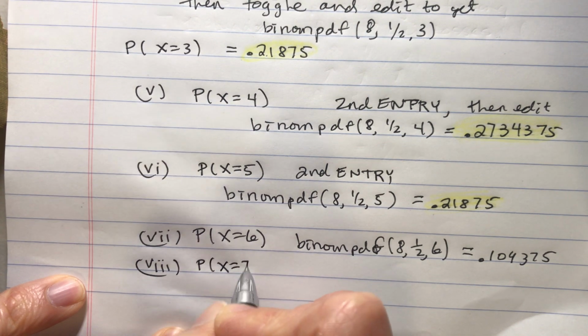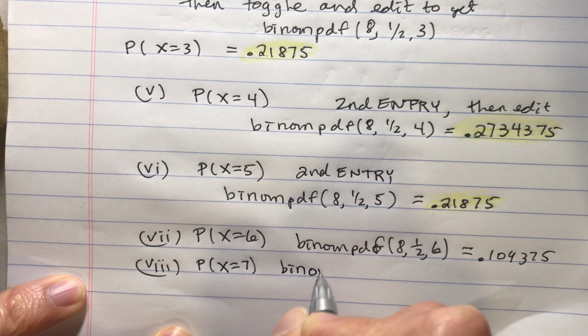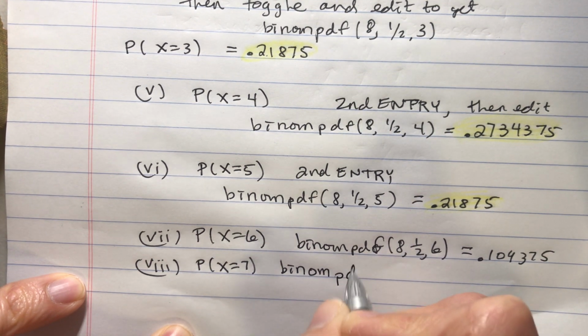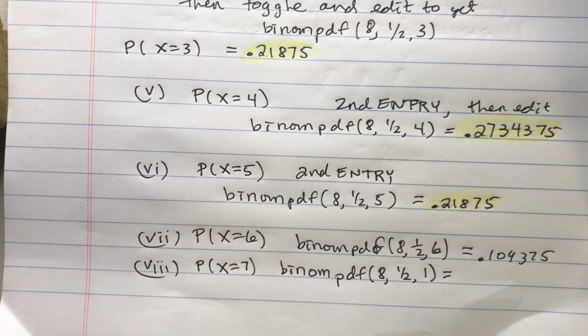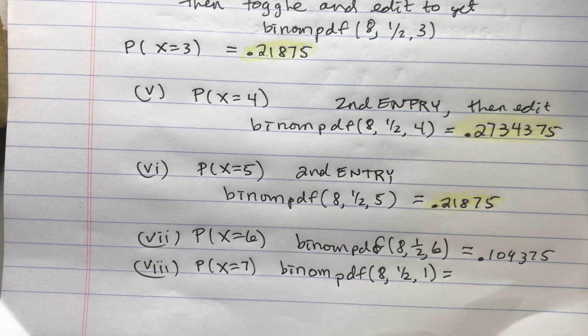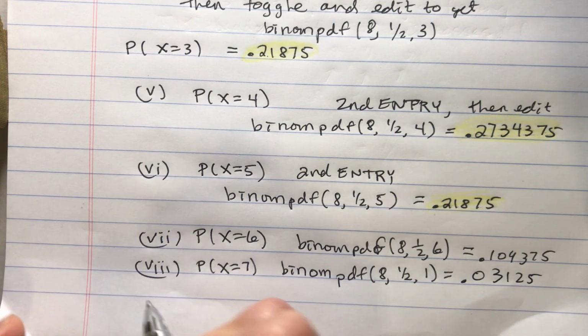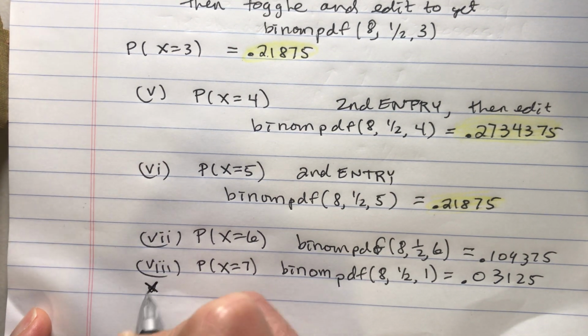Probability x equals 7. That's 7 heads, same as the probability of getting 1 tail, which is the probability of 1 head. That's written on another piece of paper, that probability. But okay, so this is 0.03125.